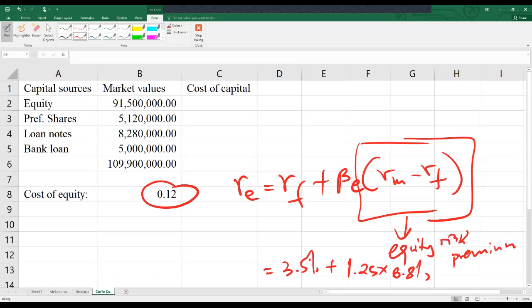Yes, Thomas. Please let me on loan notes. How do you get 82? How many notes do we have? We have a note equal to 8 million divided by 100, isn't it? Times 103.5.